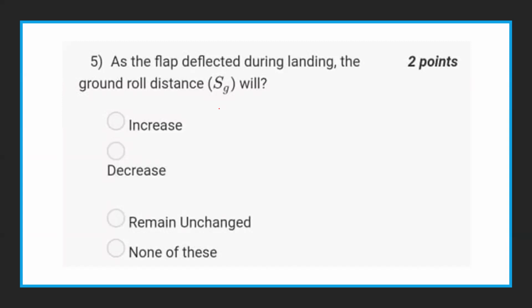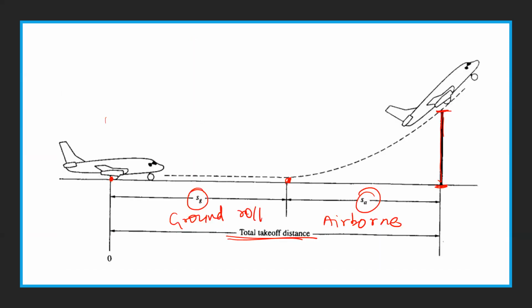Why? Because the flaps increase the lift as well as the drag. Drag is what we need to stop the aircraft on the ground. Very good. Absolutely.